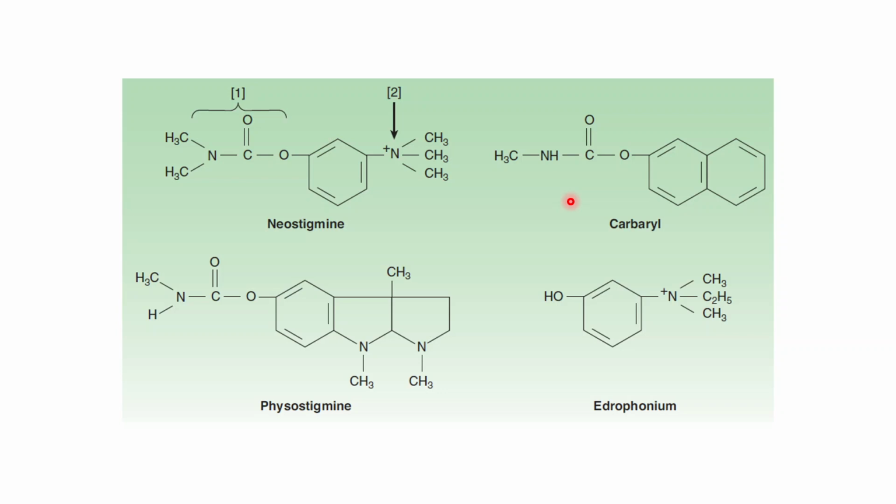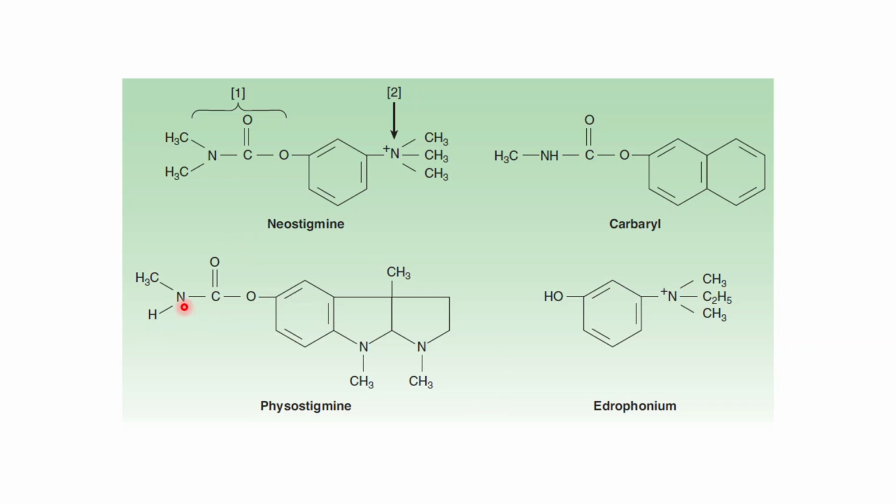Distribution into the central nervous system is negligible. Physostigmine is well absorbed from the conjunctiva and can be used topically in the eye. It is distributed in the central nervous system and is more toxic than the more polar quaternary carbamates. So physostigmine has no quaternary ammonium, so that is why it's distributed faster.